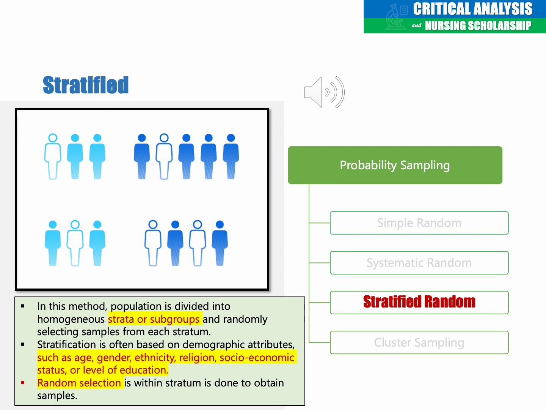In here, basically, what you do is you divide the population into strata or subgroups. And once they are divided into subgroups or strata, for example, age or gender, then you randomly sample within each stratum based on its proportion in the population. And this is very important because this ensures all relevant groups are represented.